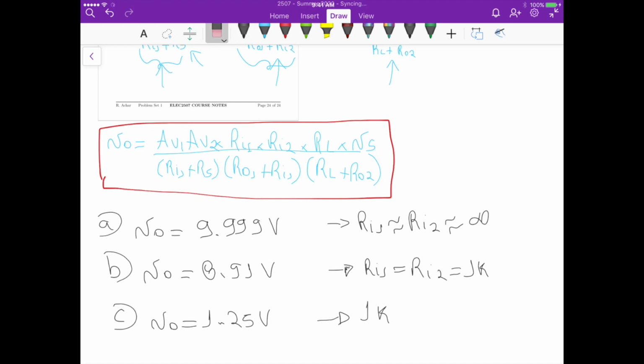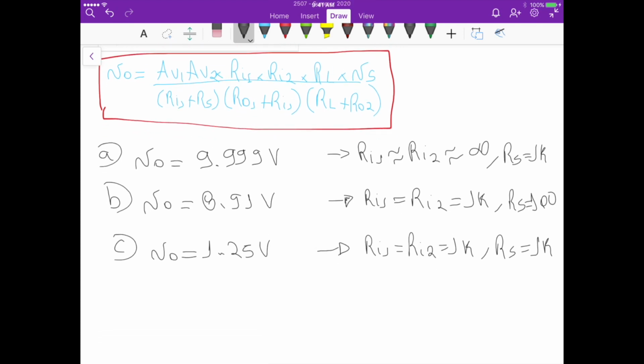So let me just write this. Rs here is equal to 1K, Rs here is equal to 100, and here Ri1 equals Ri2 equals 1K, and Rs is equal to 1K again.